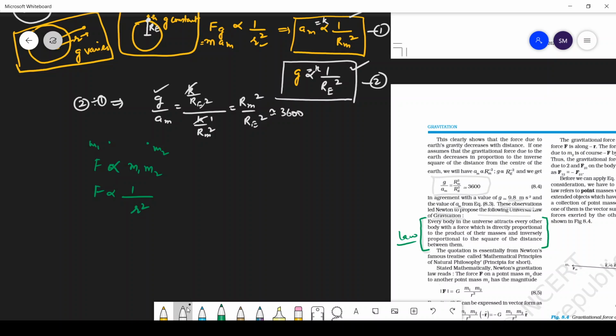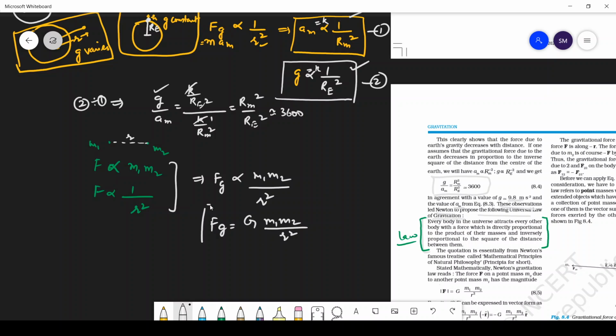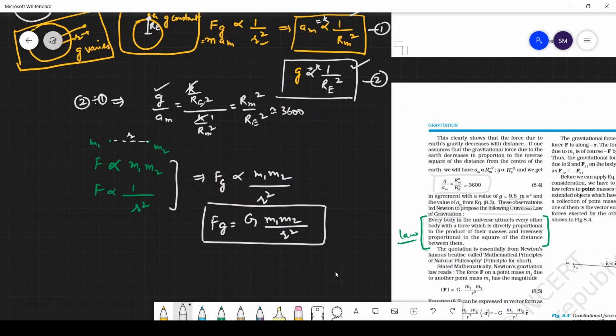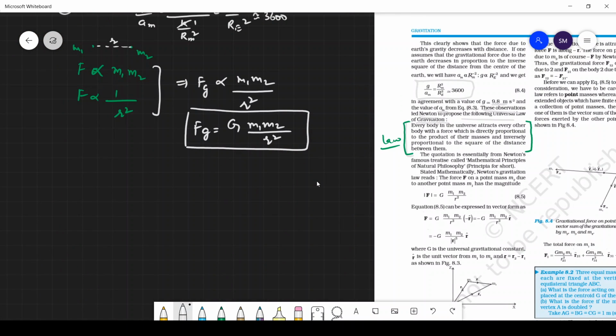So if we have two bodies, m1 and m2, and the distance between them is r, the gravitational force is directly proportional to the product of the masses and inversely proportional to the square of the distance. Further we can write Fg is equal to G m1 m2 by r squared, where G is the constant of proportionality. That's the magnitude of this force, which is equation 8.5.